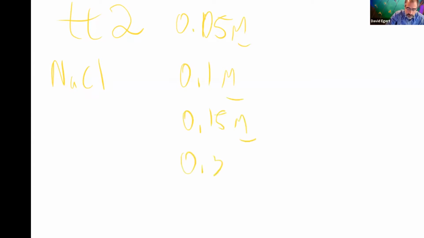And actually these are all the NaCl ones. So we had 0.05 molar, 0.1 molar, 0.15 molar, and 0.3 molar. In all of these cases, how are we going to go to osmolarity?